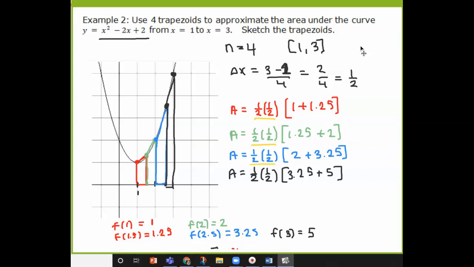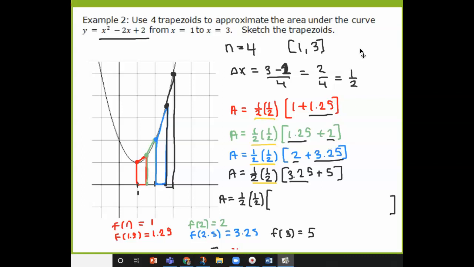parts of the equation repeat, just like the rams. So we could think of this entire area, or summation, as 1/2 times 1/2. And then if you add up all those pieces, what you should notice is, since the trapezoids share base heights, your 3.25 and your 1.25 repeat.